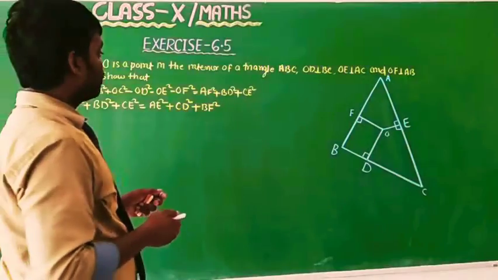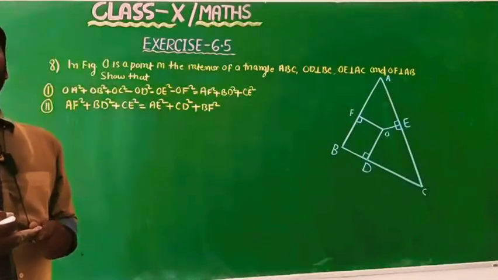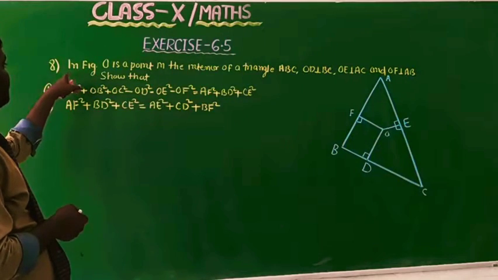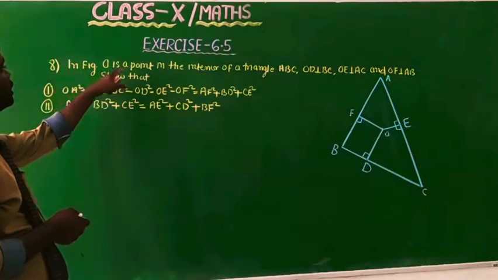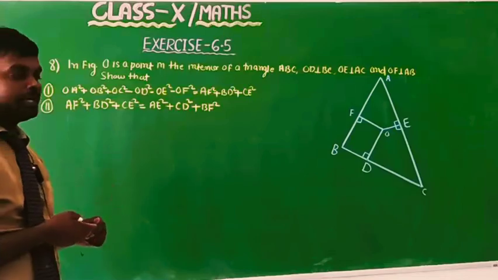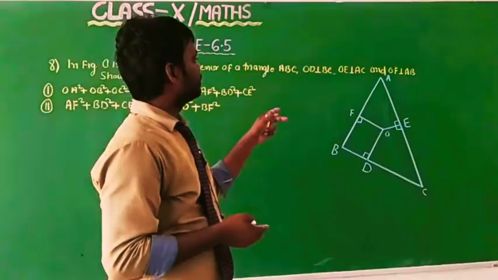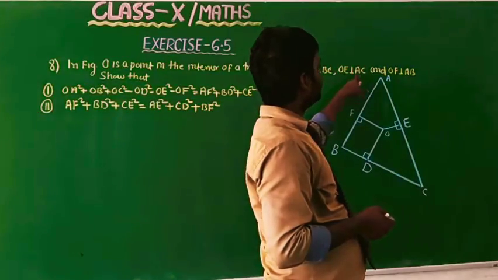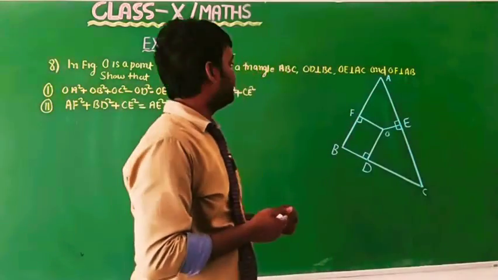Now move to question number 8 of exercise 6.5. In this question, we have given in the figure O is a point in the interior of a triangle ABC. OD perpendicular on BC, OE perpendicular on AC, and OF perpendicular on AB.